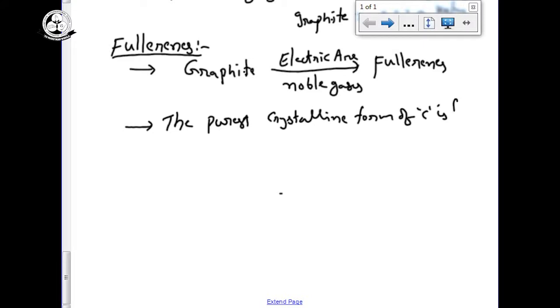The purest form of carbon is fullerene. Fullerenes generally have a cage like structure.